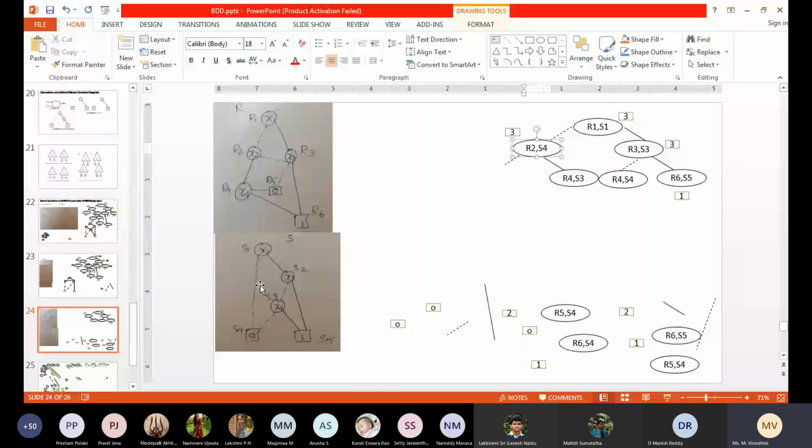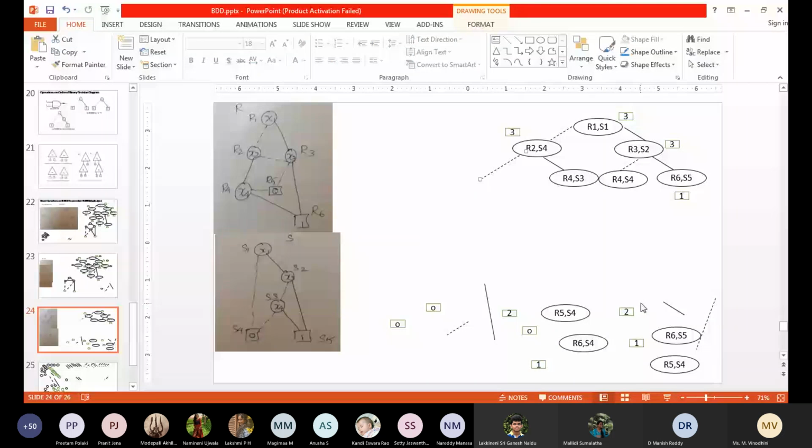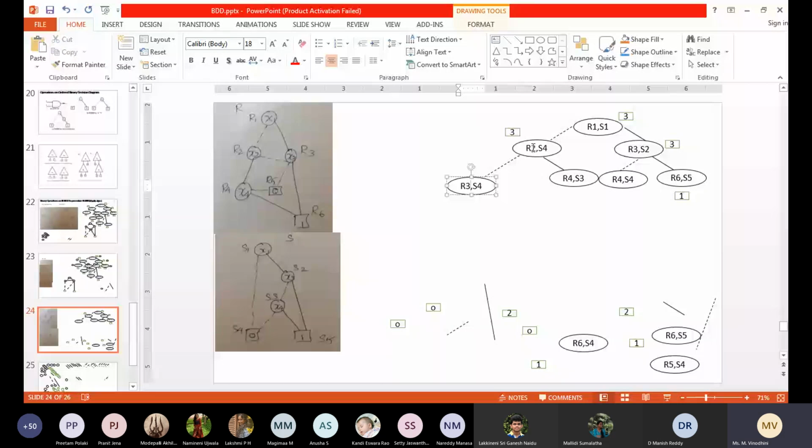S1 when it is 1 it goes to S2. R2 when it is 0 it goes to R3. R2 when it is 1 it goes to R4. This is S4.